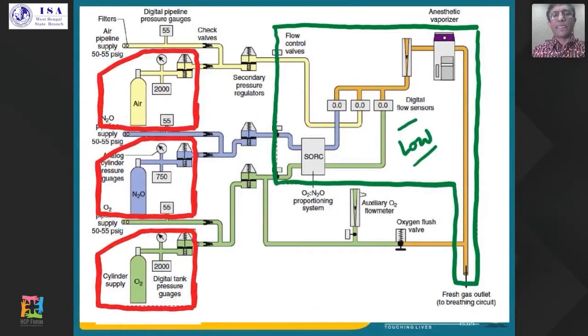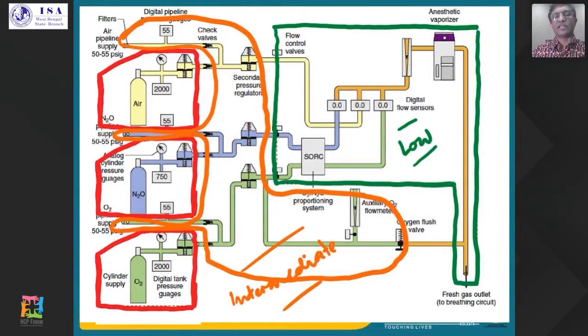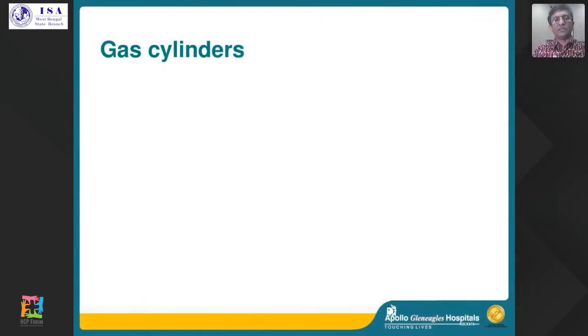The low pressure system comes with the flow control valves, and you can see those are the electronic flow control valves, up to the fresh gas flow through the vaporizer. Anything other than that is the intermediate pressure system, which is again pipelines, secondary pressure regulators, the auxiliary system, and up to the oxygen flush valve that is fed by the intermediate pressure system.